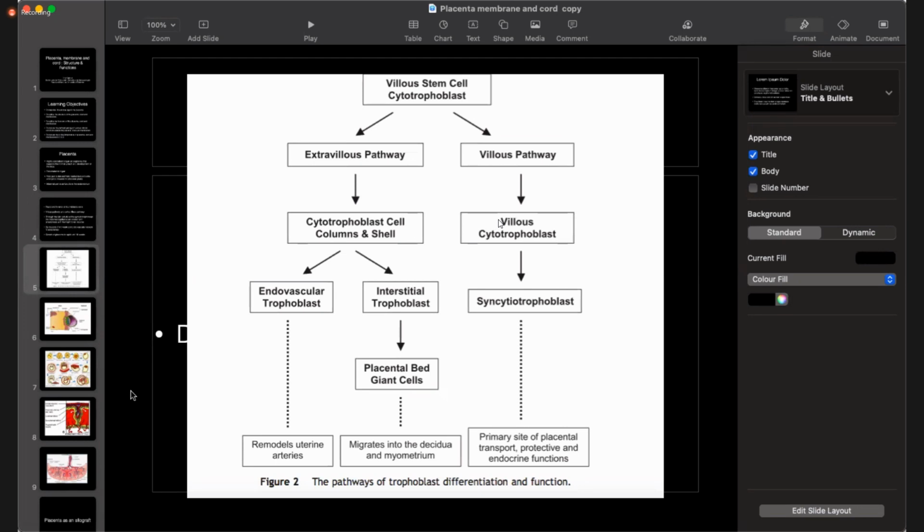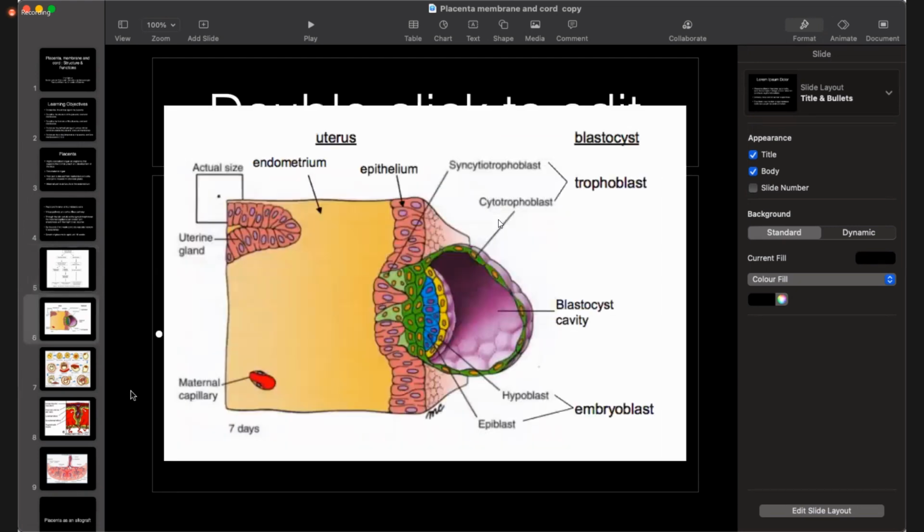Just activate your memory cells and try to recap, or go home and read. There are two pathways, the extravillus pathway and the villus pathway. This is just a recap. It is very useful, and somewhere you need to connect it with clinical application.